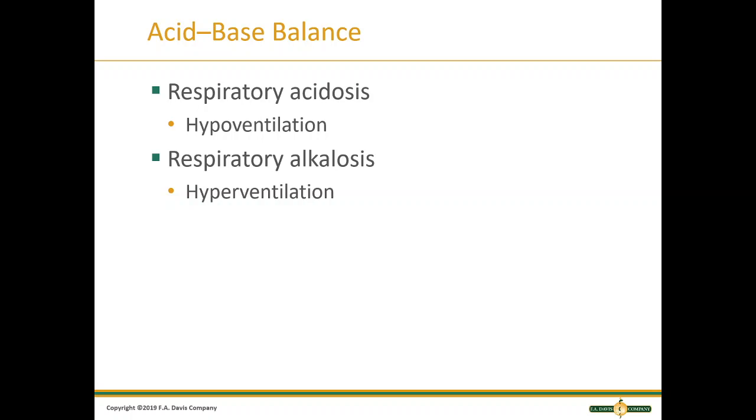Hypoventilation is how we get acidosis, and alkalosis happens with hyperventilation. I'm trying to find where in the chapter that goes along with it, but I don't want to exceed my time limit. So just find that in the chapter. It goes right along with and explains.